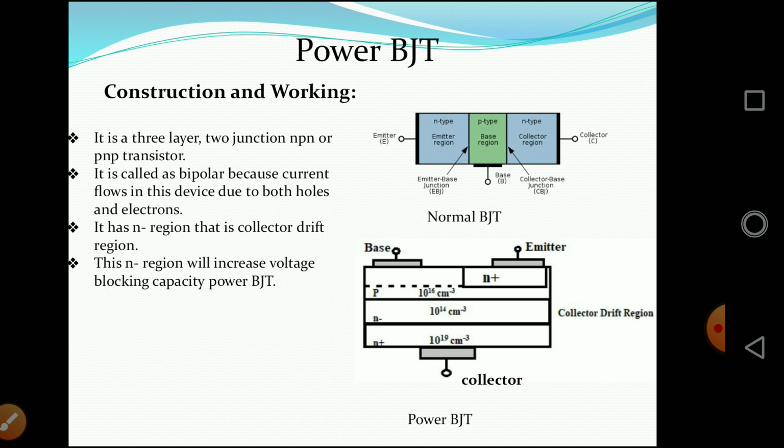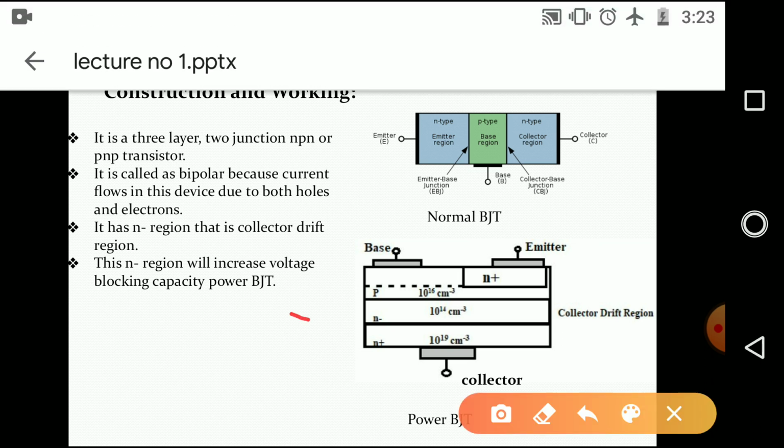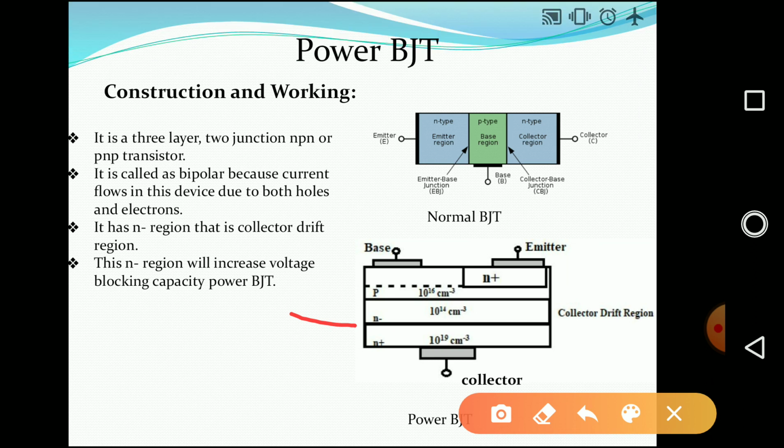The normal BJT has three layers, N layer, P layer and N layer, to which emitter, base and collector terminals are connected. But in the power BJT, one extra collector drift region is present.